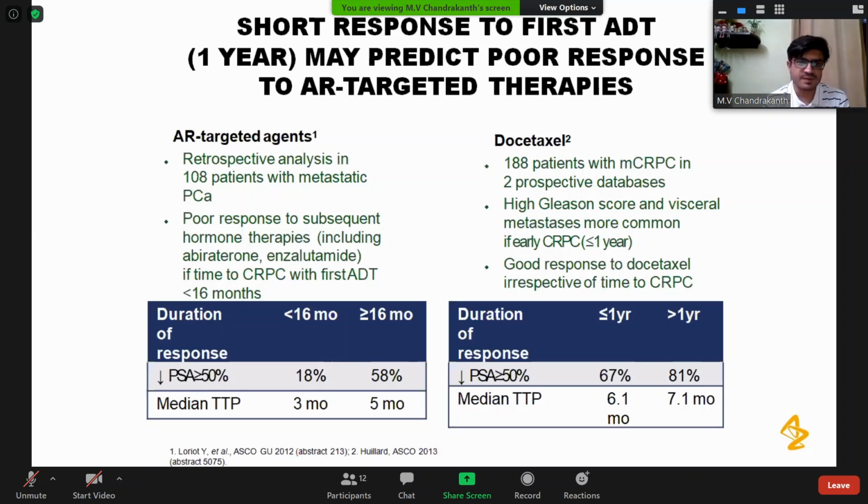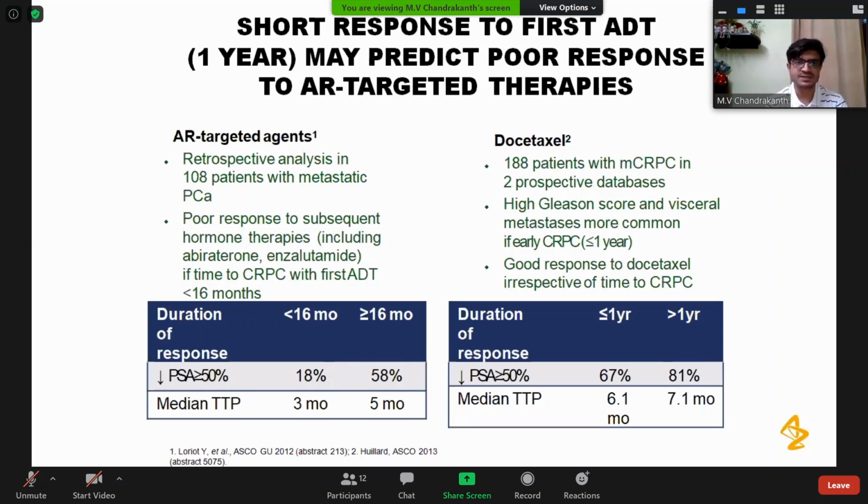Therefore, before using enzalutamide or abiraterone in this setting, we always have to see what is the duration of androgen sensitiveness that the patient has been on. If it is less than 1 year, it is unlikely that further endocrine therapies will help in this patient. So if you have a CRPC patient, we always have to look into what is the duration of androgen deprivation.